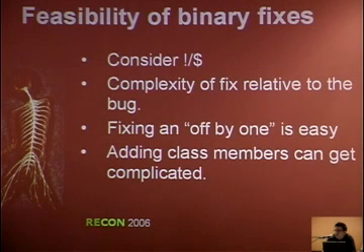The first thing you have to consider is bang for buck. How much work is this going to be, and what are you going to get back? Some bugs are really easy to fix and very adaptable to binary fixes. Some security bugs are especially easy, like something that is not checking the bounds of a copy, or an off by one.